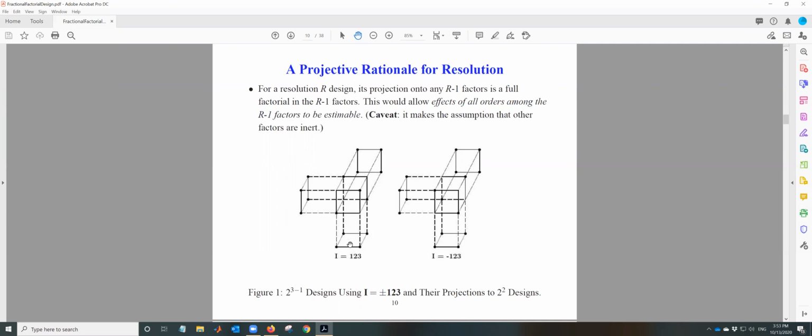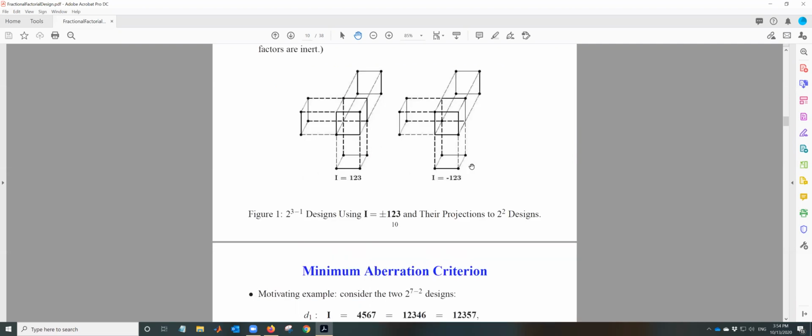Why do you have multiple directions? Because you can do it with 3 equals 1, 2, or 2 equals 1, 3, or 1 equals 2, 3. Or you can do it with 3 equals minus 1, 2. So there are different ways to project the 2 power 3 design into a 2 power 2 design, okay?